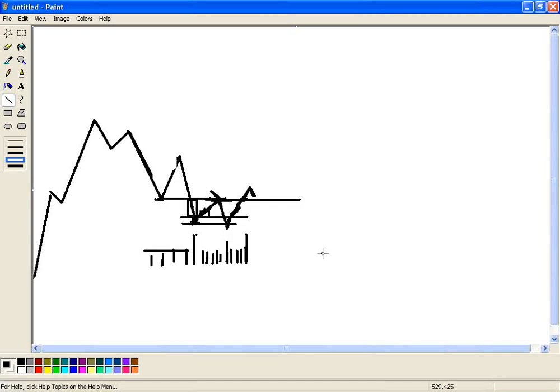Now, if we're looking for entries at the right points, in the right way, we're not going to get caught in a bad situation. So we have to be aware that once they pass this level, we need to see what's going to happen there. So we're either positioning lower or waiting for this to give us some information.